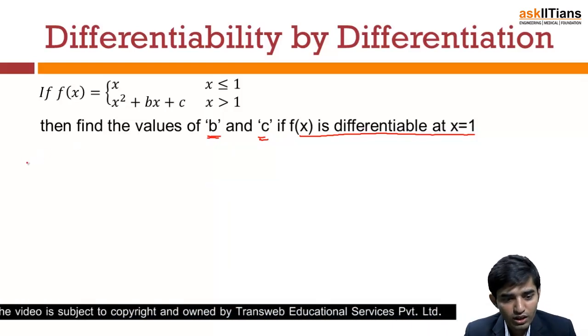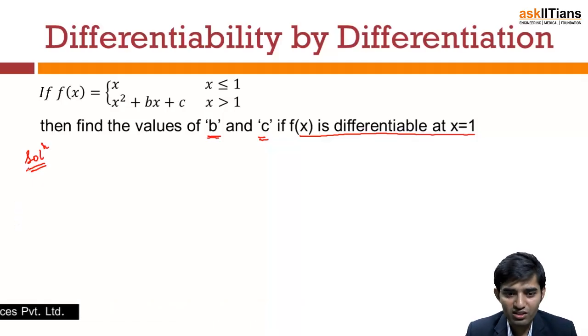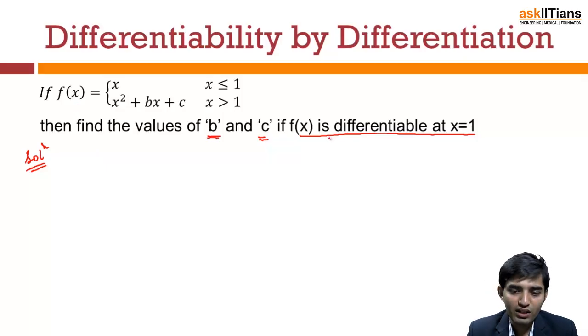Right, so let me try to give you an idea how to solve this type of questions. This type of questions are also much seen in IIT-JEE exams, in JEE Mains, JEE Advanced, both the exams. Okay, so if f(x) is equal to this, now see, first of all tell me, remember the theorem that I told you, theorems on differentiation. If f(x) is derivable at x equal to 1, will it be continuous also?